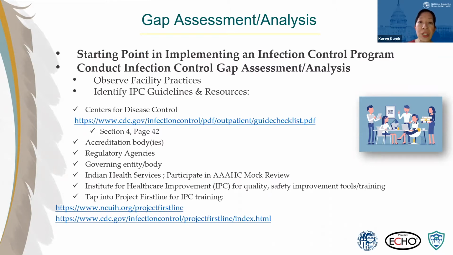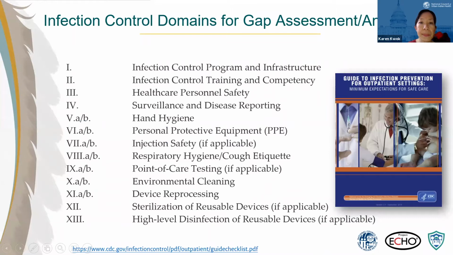From those observations, we identify IPC guidelines and resources. And here are some protocols as to how regulation can be implemented within the IPC program that is in the Champion project proposals. Next slide.